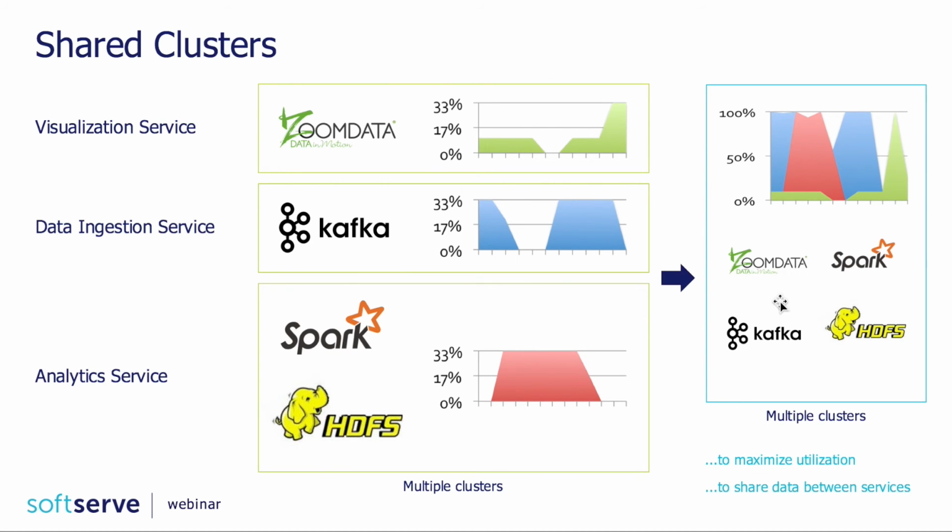While these days the most popular way of building clusters is to build shared clusters, where resources are shared between all of these components, and depending on the load, they are distributed between these components.